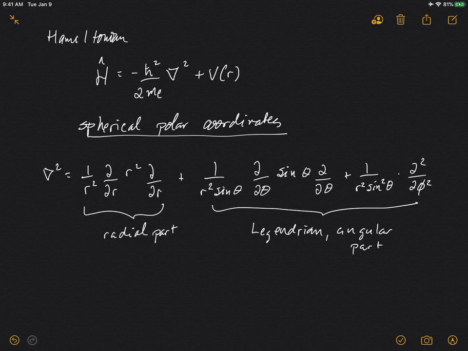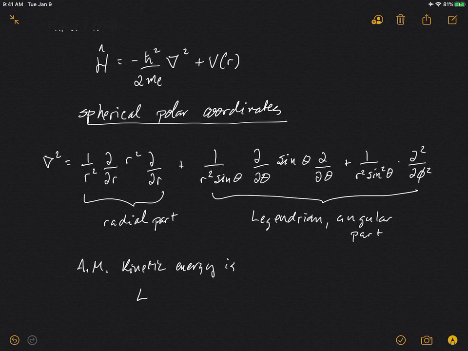And we know that the kinetic energy associated with angular momentum is given by L squared over 2I, where L, of course, is our angular momentum operator.